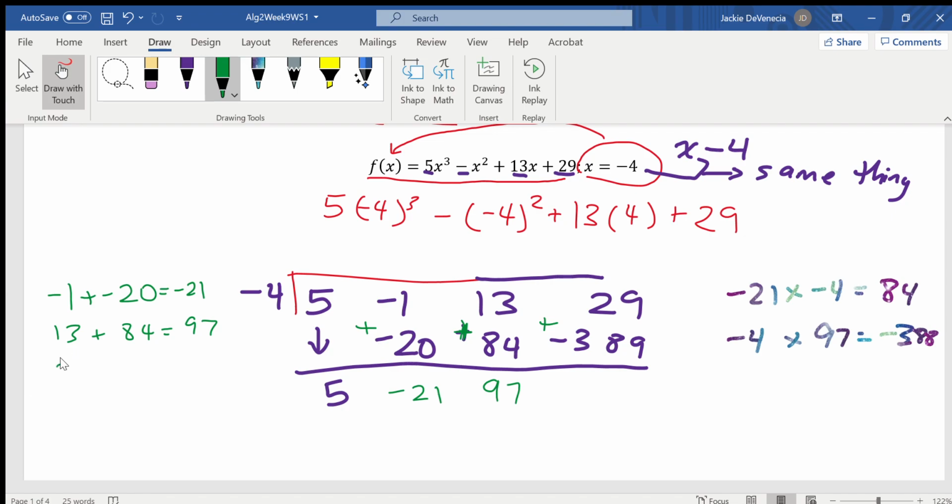So I'm going to add 29 plus negative, whoops, that's supposed to be an 8. There you go. Negative 388. And if I use my calculator, this is going to give you negative 359.